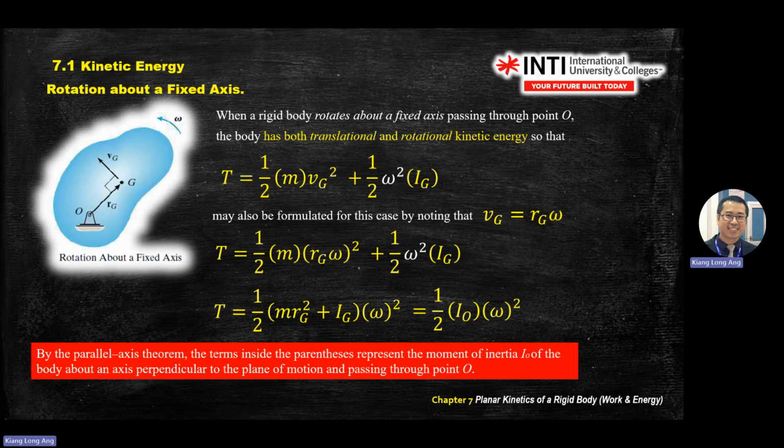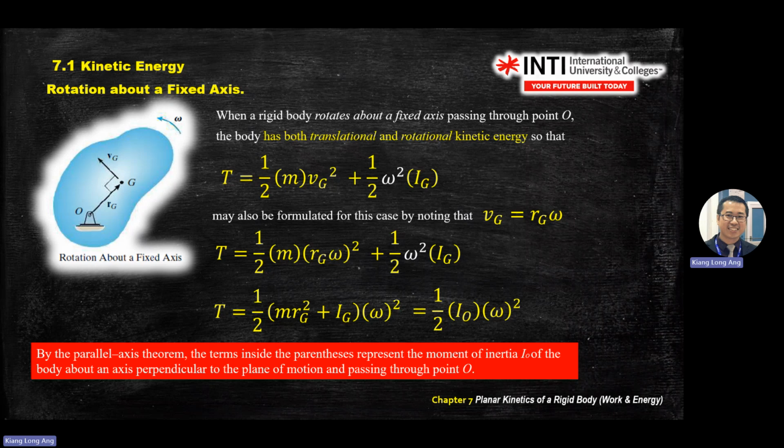Because your I is equal to I O plus m d squared. Now you're referring to I O equals I G plus m d squared. So you are converting this one into I O. So for a rigid body, a simplified way of writing it is half I O omega squared.